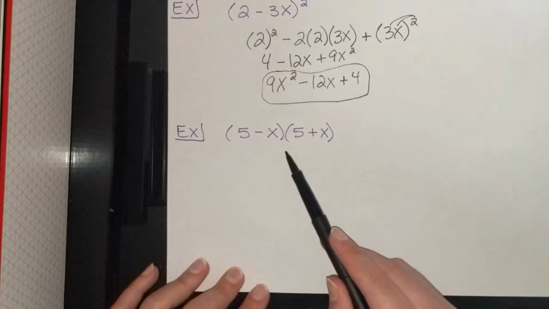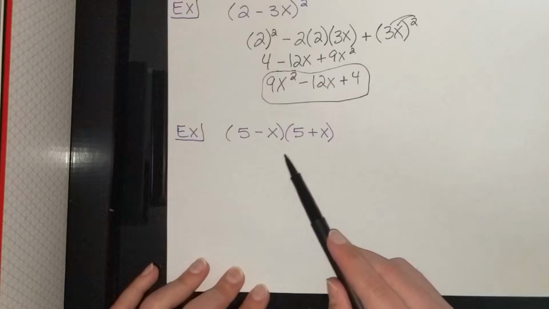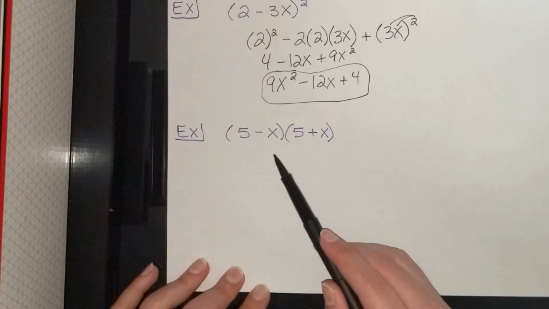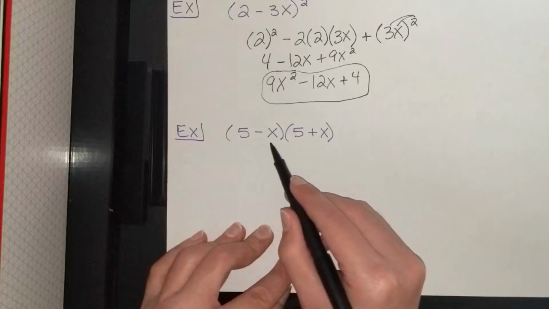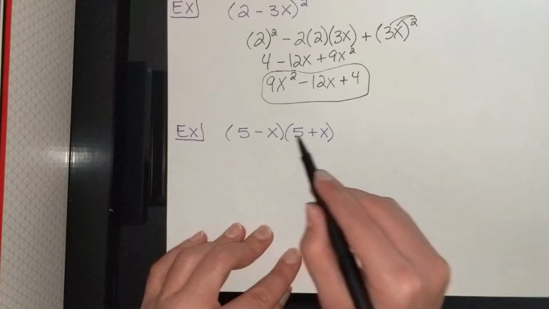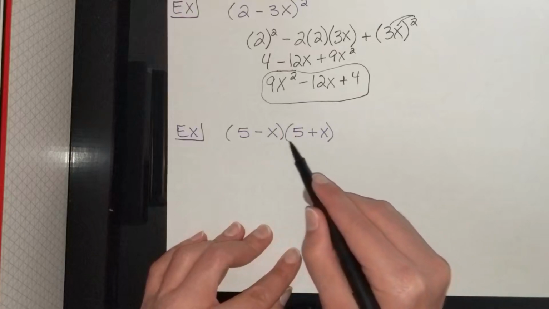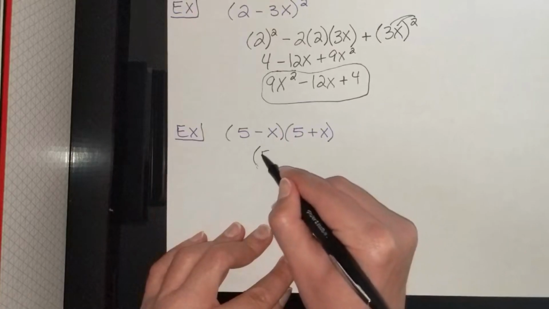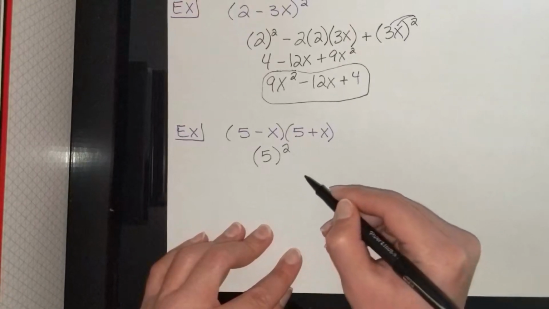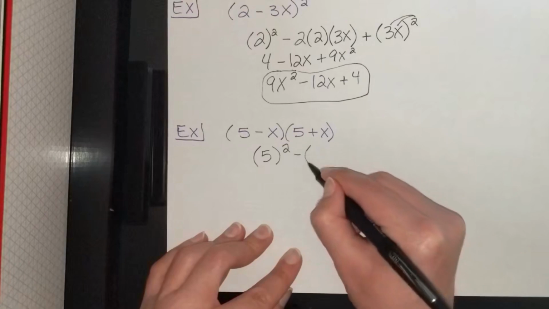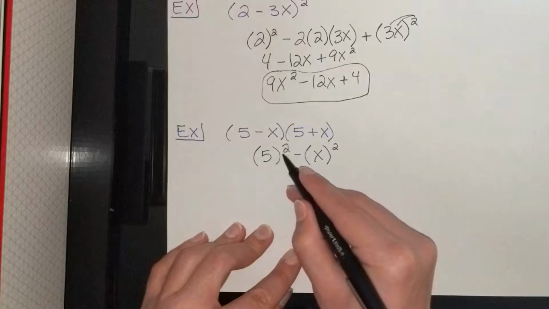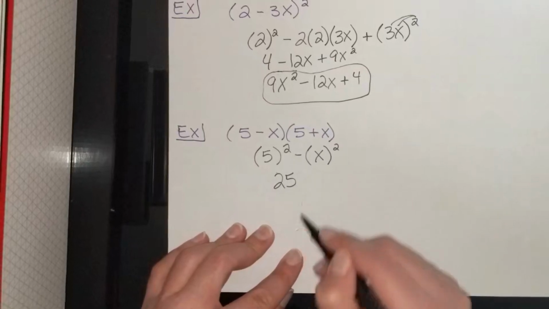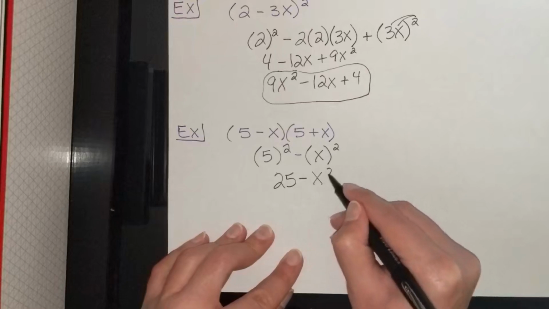All right, finally, I'd like you to take a moment, go ahead and pause the video and try out this last problem. All right, so for this last one, notice we have 5 minus x times 5 plus x. This looks like our difference of squares formula. So we're going to take our first term 5 and square it, and subtract our second term x and square it, which gives us 5 squared is 25 minus x squared.